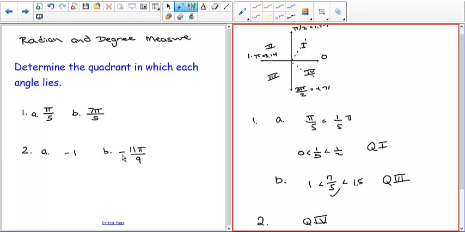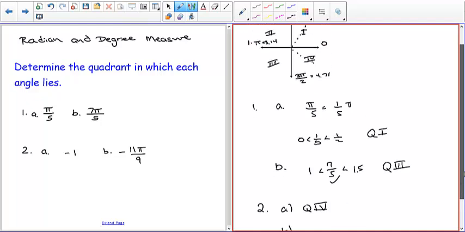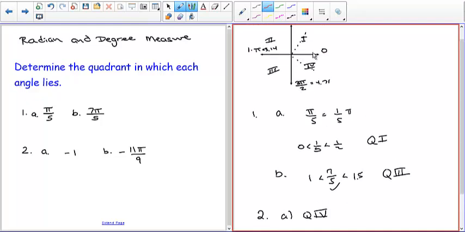One way of dealing with negatives is you can do it positive and then just flip it over the x-axis. So if you do 11 pi over 9, so let's do A. So part B. If we did just 11 pi over 9, again the question is, where does 11/9 fit in?